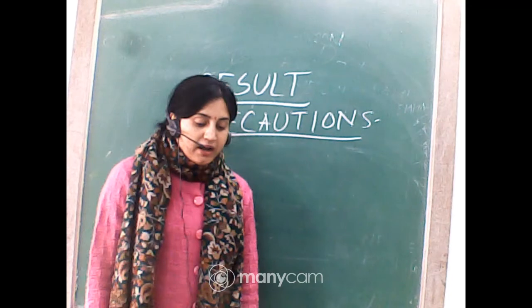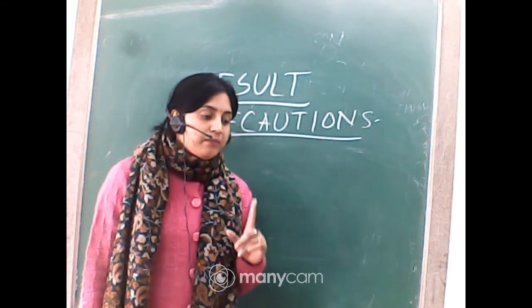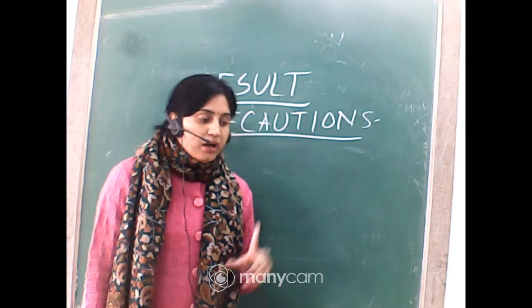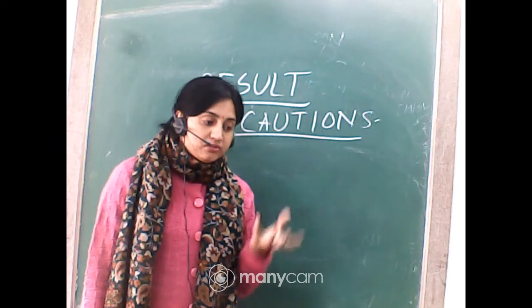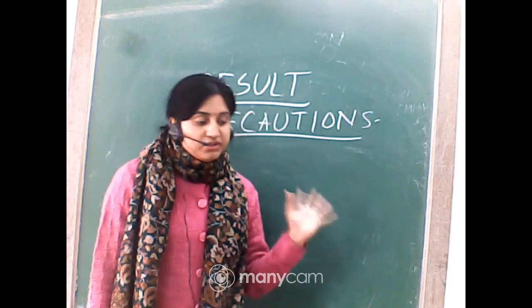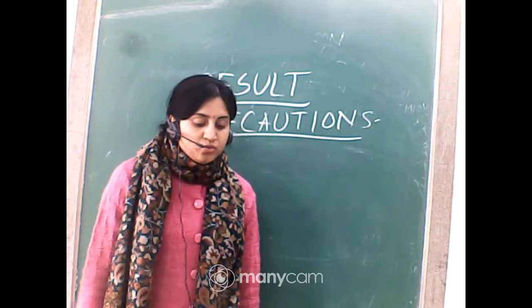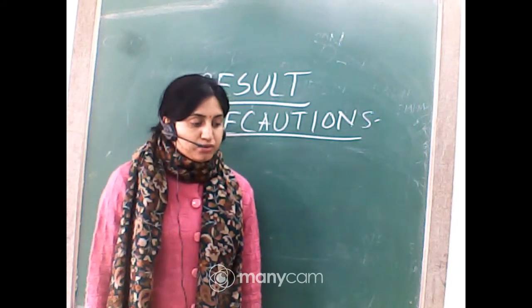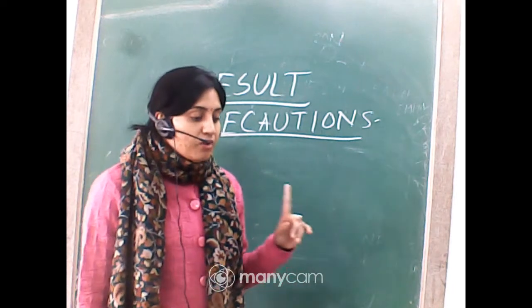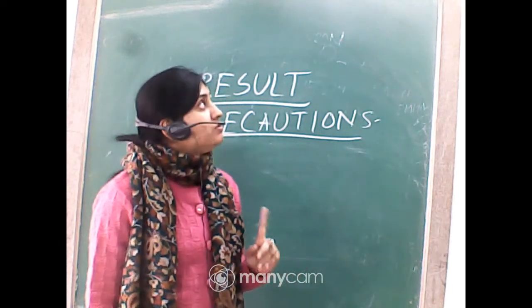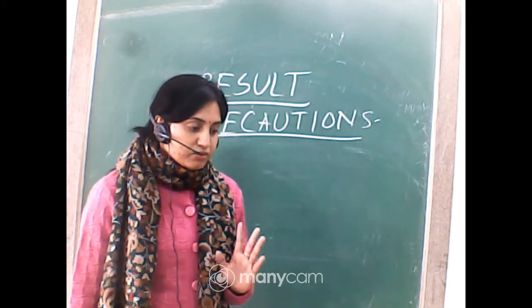Draw diagram as you observe under the microscope. I also told you that when you see under the microscope, you just draw those pictures. First point, draw diagram as you observe under microscope.